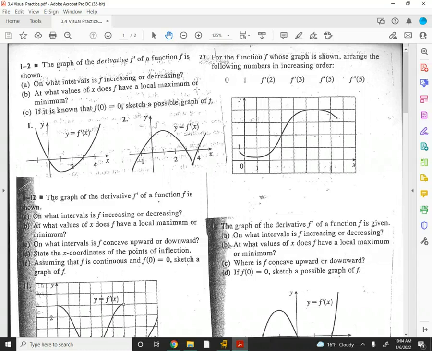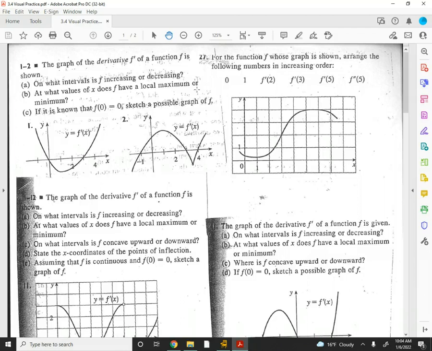So do you remember how we had that big chart? And the one row were the signs. And when the first derivative was positive, what did that tell us about the original? Increasing. And when the first derivative was negative, what did that tell us about the original? Decreasing.